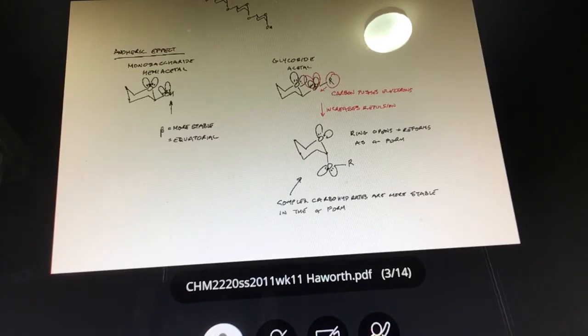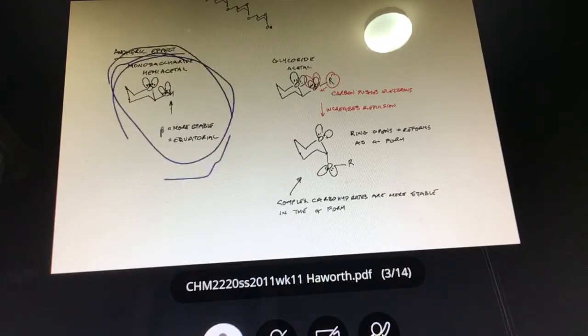When a sugar is an independent unit, the beta form is the most stable. Here we go. This. The circle in blue at the bottom.